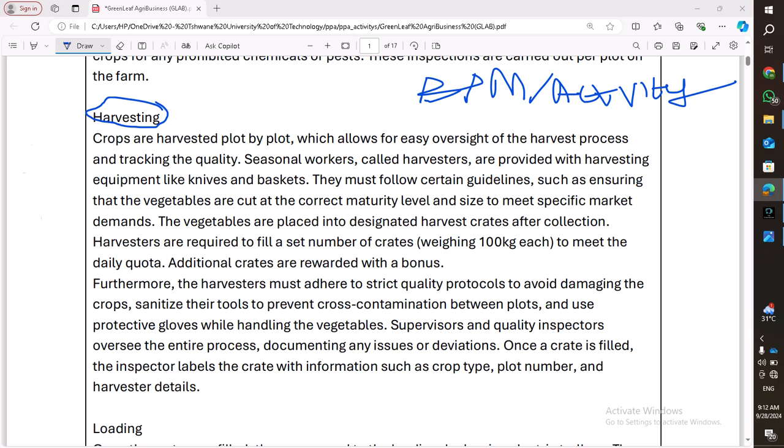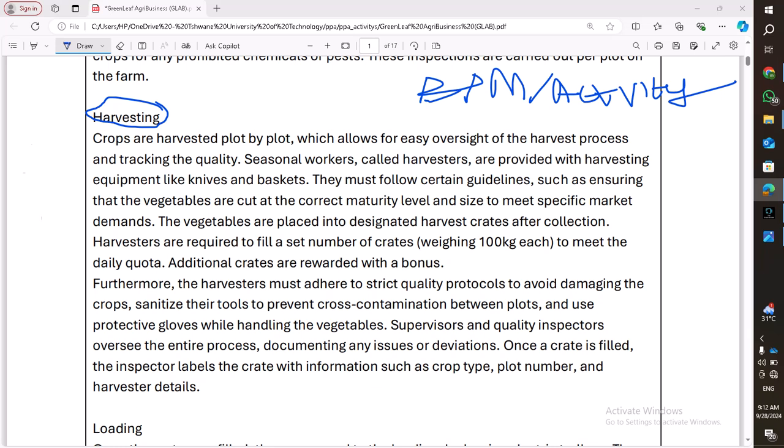They must follow certain guidelines, such as ensuring the vegetables are cut at the correct maturity level and size to meet the specific market's demands. The vegetables are placed into the designated trays.